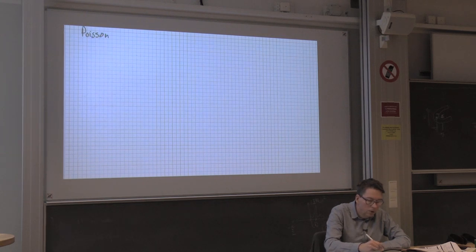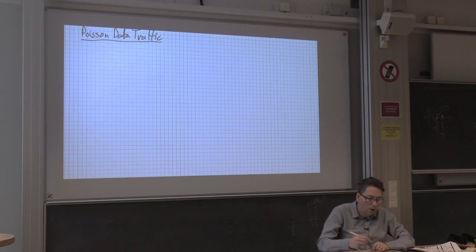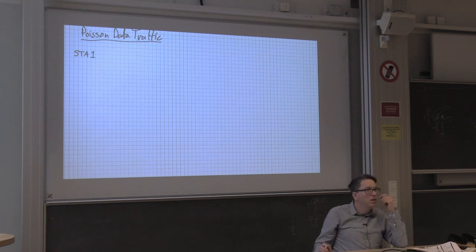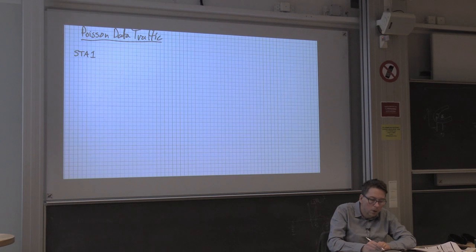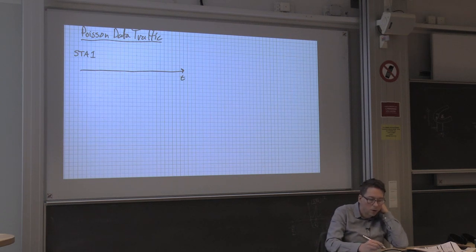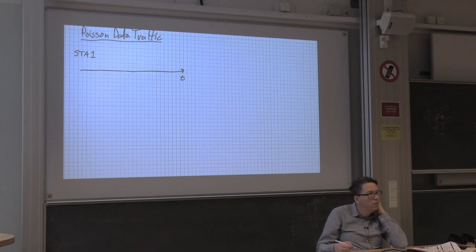Poisson data traffic. So if we take the perspective of station number 1 and look at some time axis for it, at certain times there will be requests from the upper layer to transmit a frame.